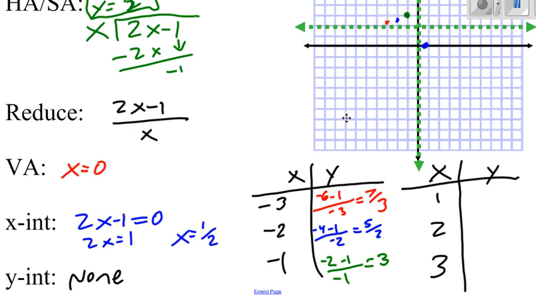Do the same thing for the other side. Plug in 1. 2 times 1 is 2 minus 1 over 1, which just equals 1. Plug in 2. 2 times 2 is 4 minus 1 over 2, so that's 3 over 2, which is 1.5.